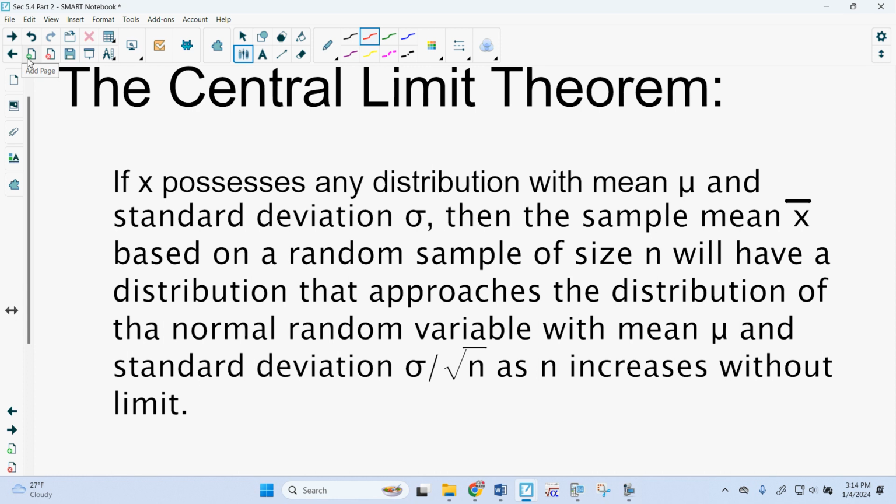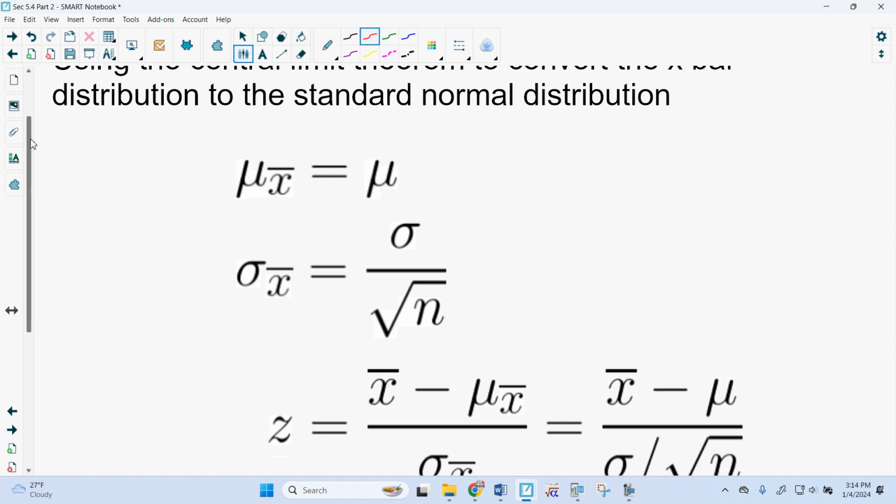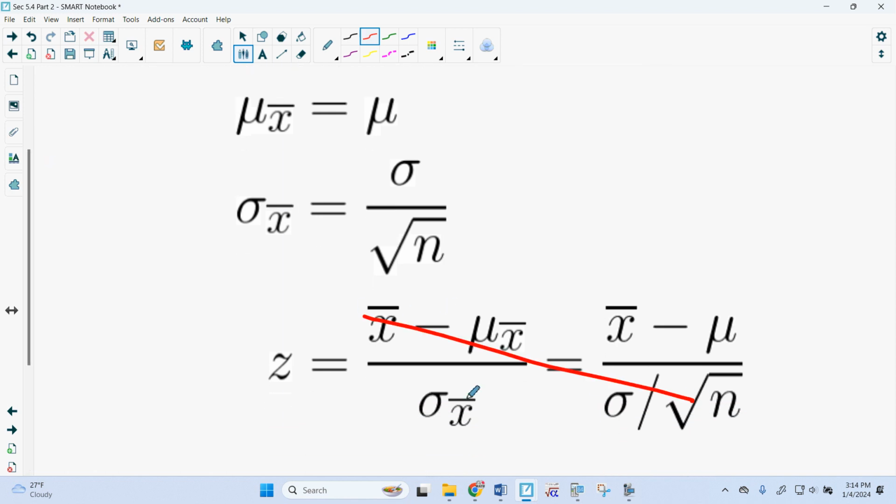So it doesn't matter if our original distribution is normal or not. This will still work. That's the central limit theorem. Okay, and we are not going to use the z. We're just going to do it on the calculator.